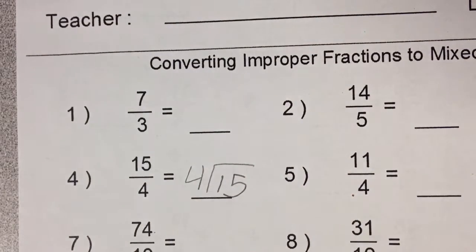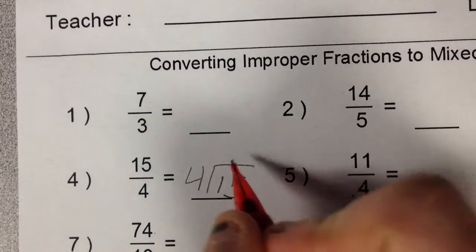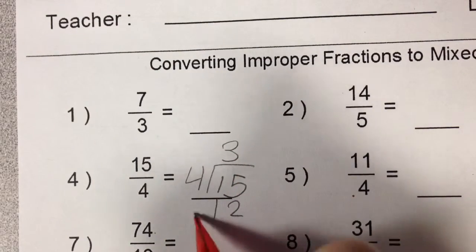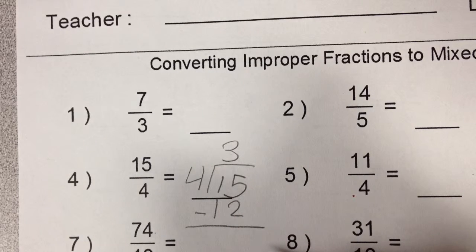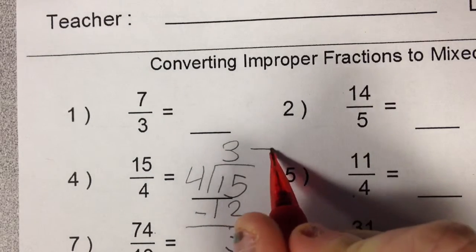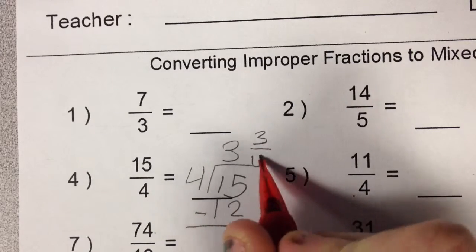And then how many times does 4 go into 15? 3. There you go.